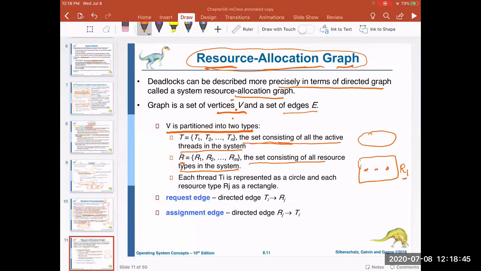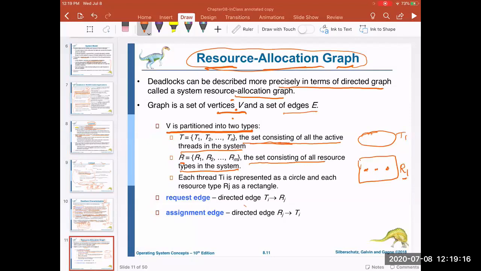We will discuss two scenarios: one, where each resource has only one instance, and second, where each resource has more than one instance. Now we have threads trying to acquire resources, and there would be some resources which are actually allocated to some threads. These two situations are what we are going to discuss.